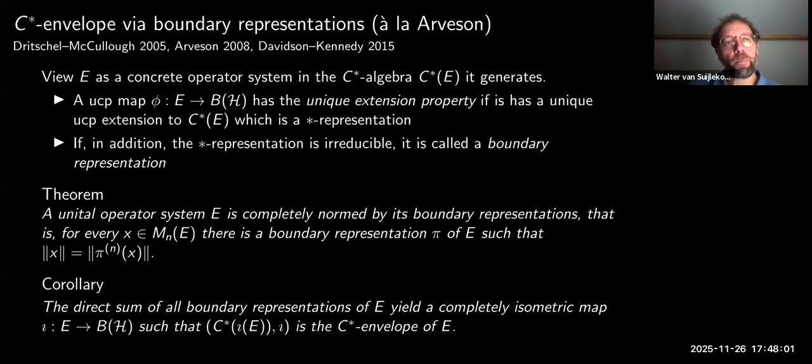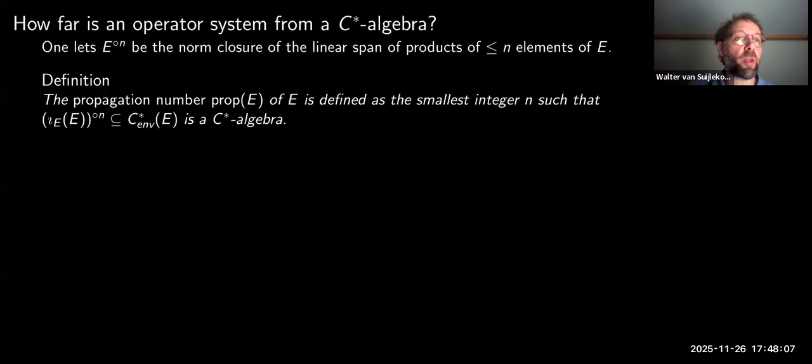So now, knowing that we have this C-star envelope, let's look at some structure, for instance, how to distinguish. And one of the questions is how far is an operator system from a C-star algebra?